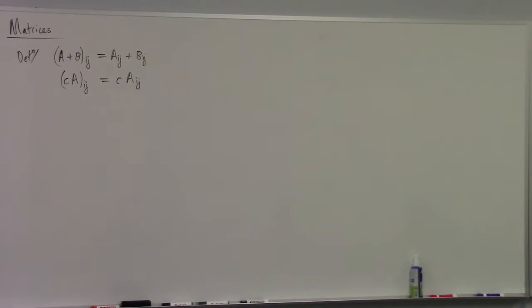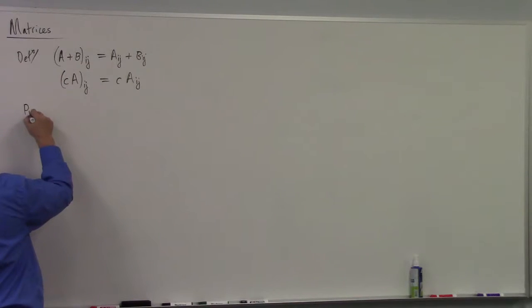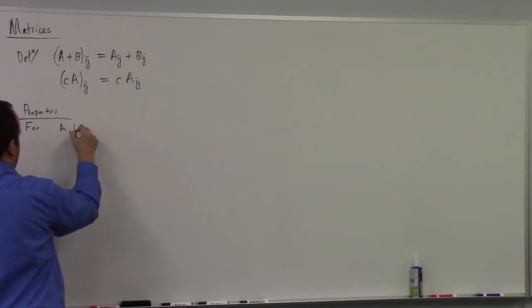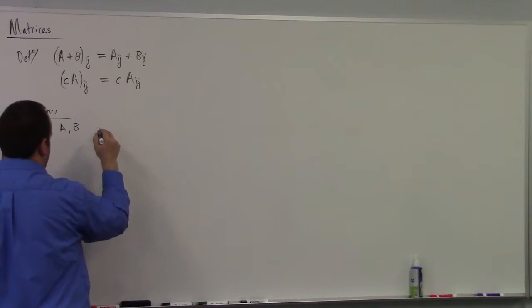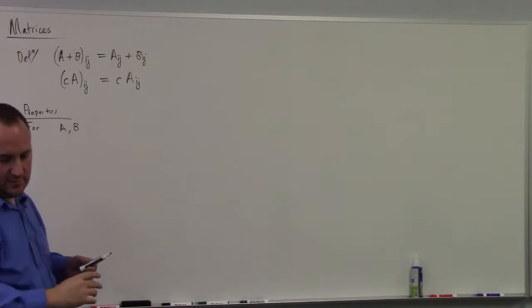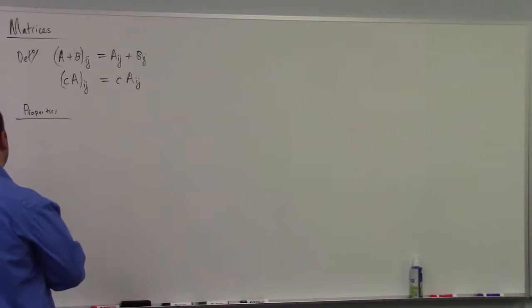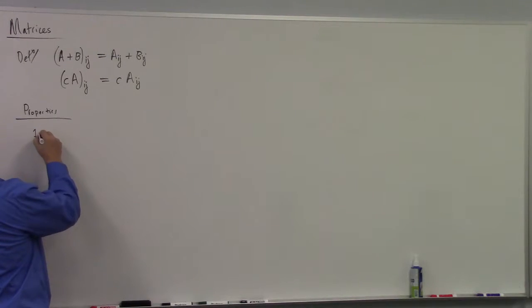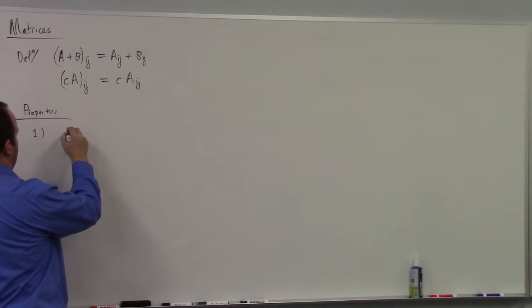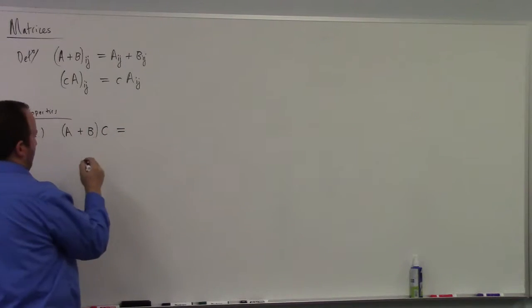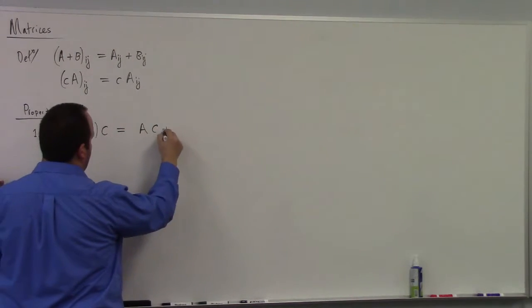But all right, so here are some properties. First of all, if I have A plus B, times C, that turns out to be equal to AC plus BC.